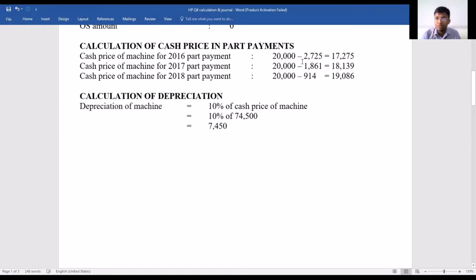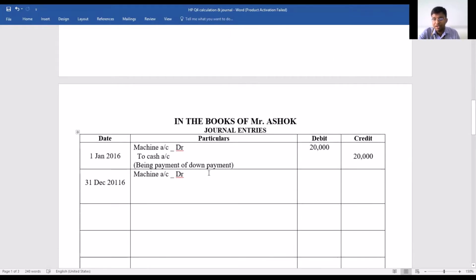Out of the 20,000 part payment that you're making, only 17,275 is towards the cash price of the machine. So we will have to account only for that amount, which is 17,275.